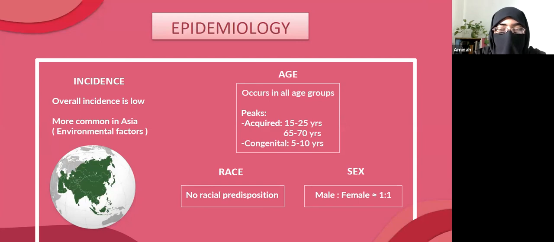Males and females are almost equally affected, and it can occur in all age groups. However, in acquired cases, it's more common in the age range of 15 to 25 years, and there's also another small peak at about 65 to 70 years. In cases where it's congenital due to inherited causes, the usual age of presentation is about 5 to 10 years.